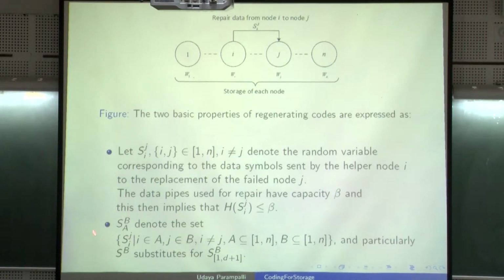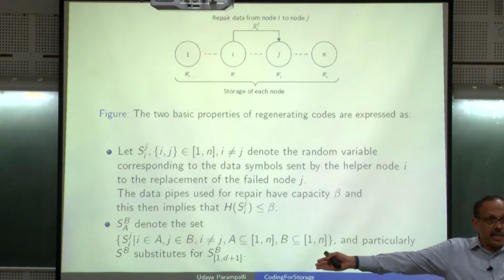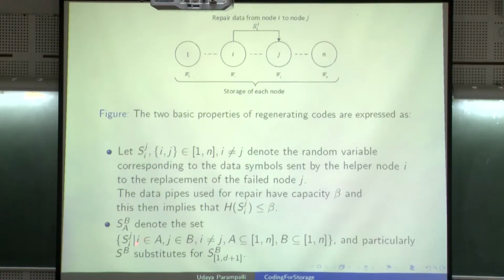Now, when you are repairing one failed node, for example failed node j, you might get beta from some other d nodes. What we sometimes need in the proof is to put together all those random variables that are used to repair j.